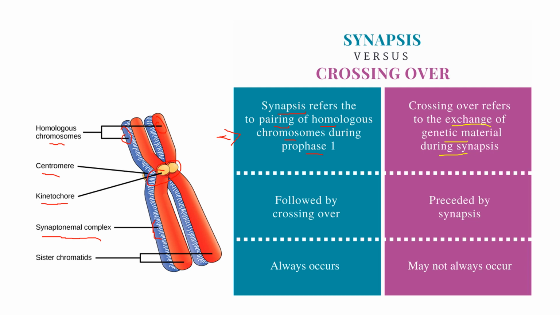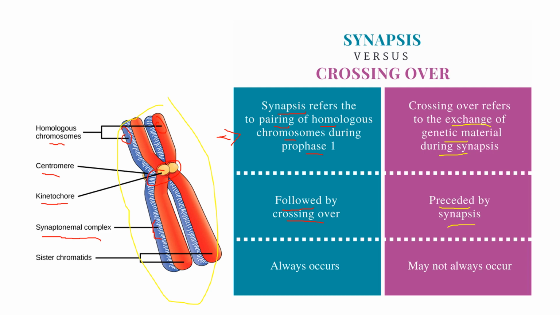For that reason, synapsis is followed by crossover, while crossing over is preceded by synapsis. If there is no synapsis, if there is no pairing, if that protein complex that attaches these two chromosomes does not align them properly, there will be no proteins to create these bridges to cut and exchange material, so crossing over is not going to take place.